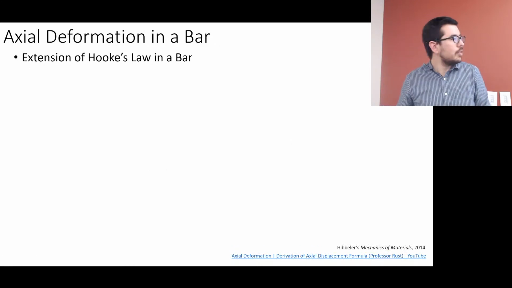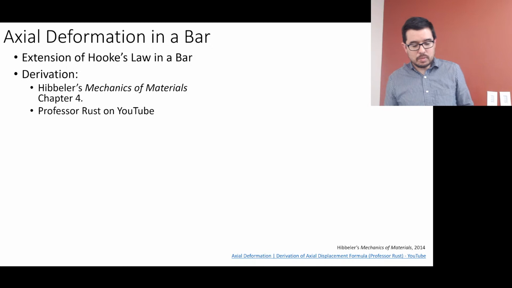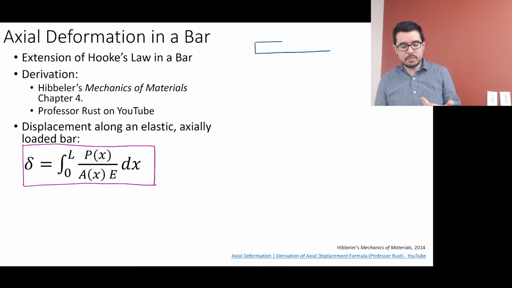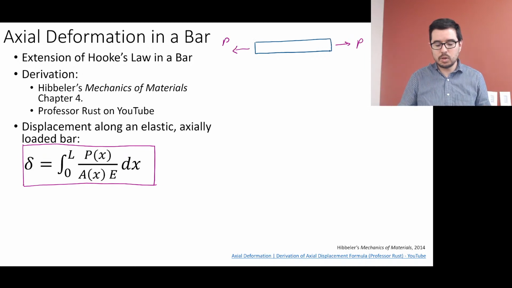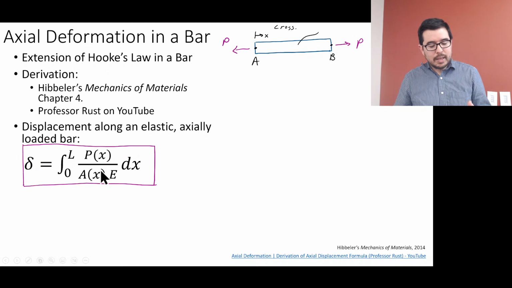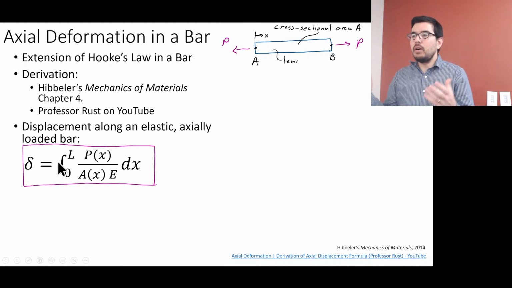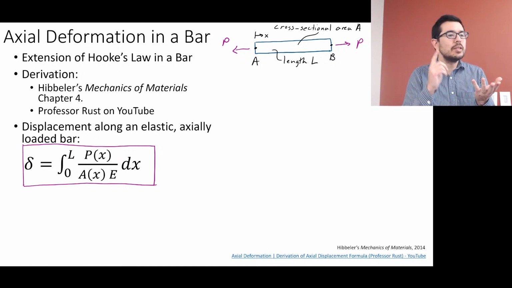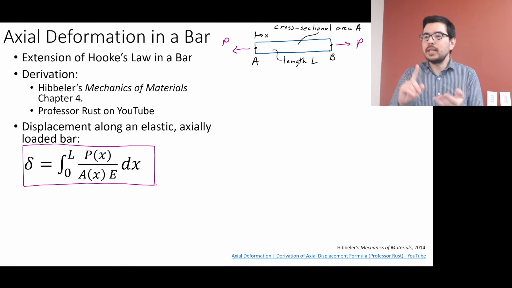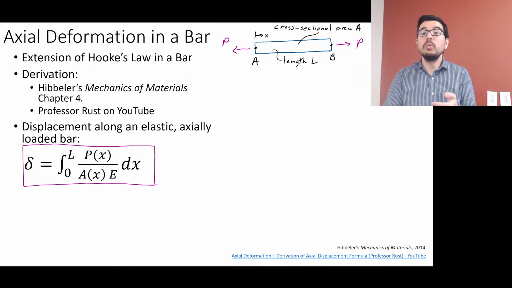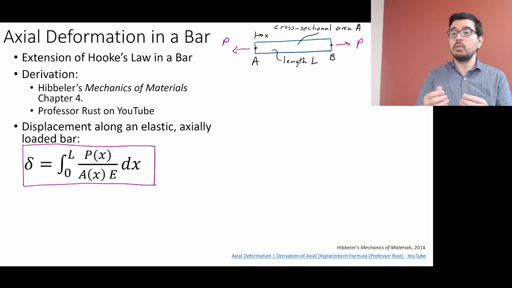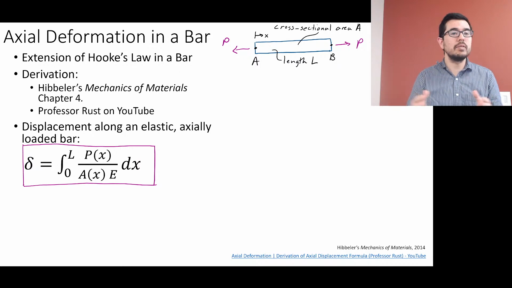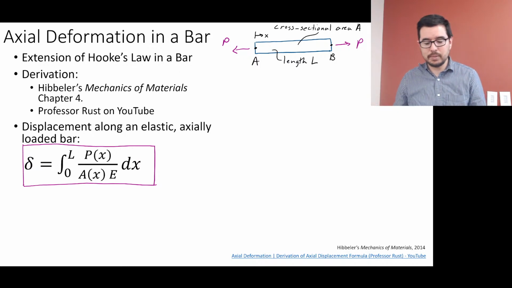So this slide is pretty much what we had in our last session, maybe just a little bit less material than I showed last time. So if we have a bar, and we're back to axial loading, and we know its cross-sectional area, we know its elastic modulus, we know the internal load, we can calculate what the displacement, the deformation, the extension or contraction of that bar might be.